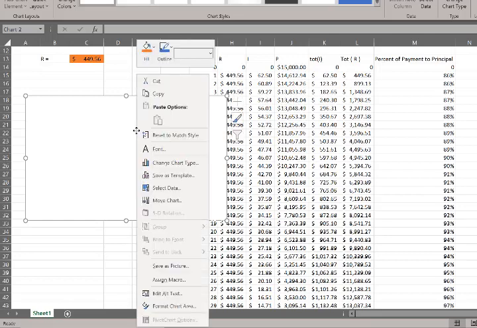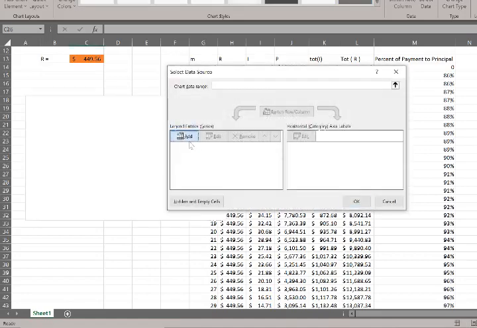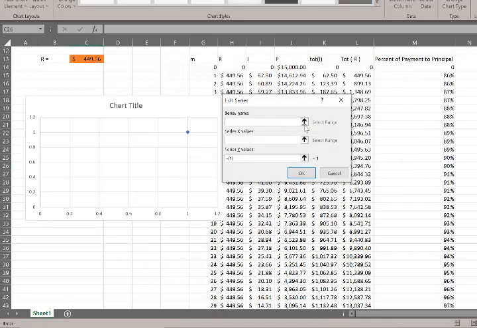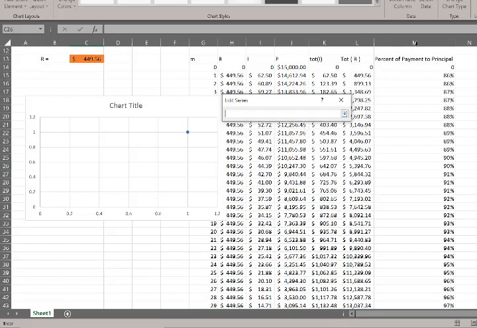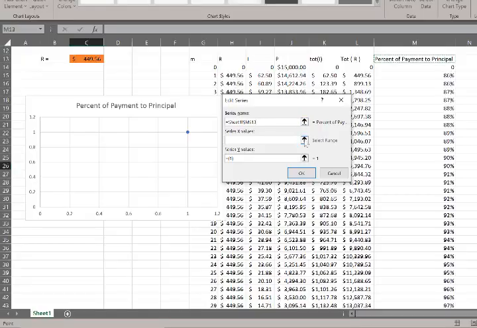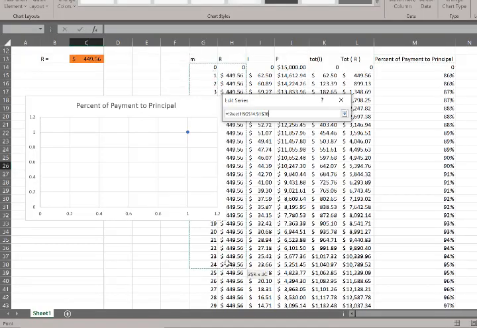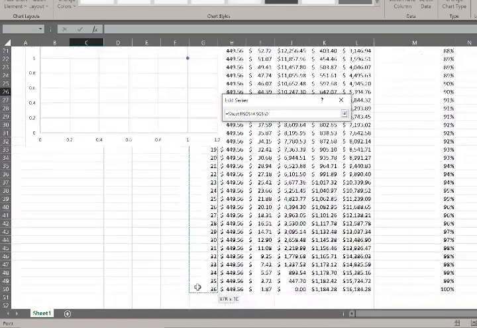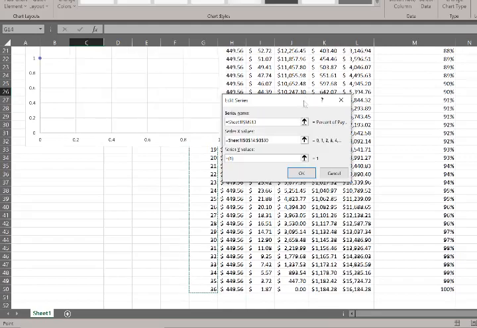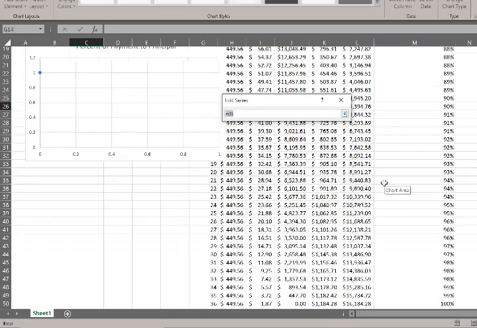Alright, so for this graph, come over here, right click in there, and we're going to select our data. The series name will simply match this one here. The X values are going to be which number month we're on.